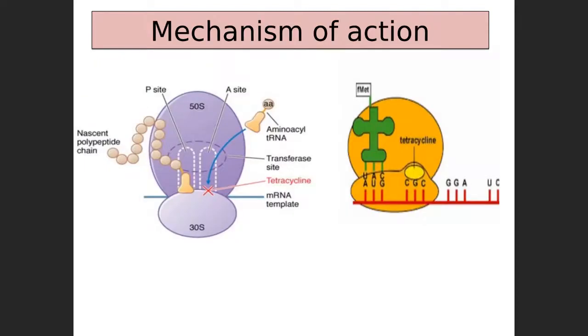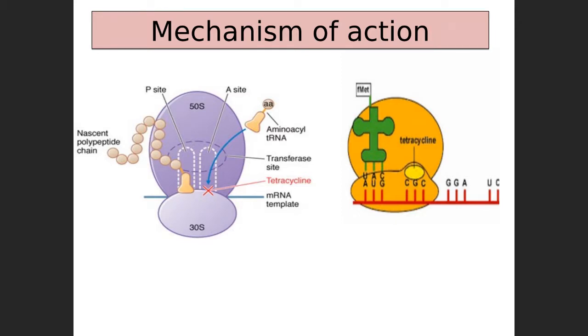Coming to the mechanism of action, as we have seen, it acts by inhibiting protein synthesis. Now, how does it inhibit protein synthesis? It binds to the ribosome and inhibits the synthesis of protein. How is it binding to the ribosome?